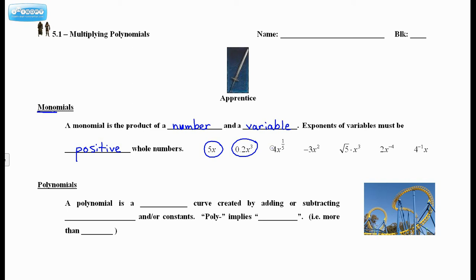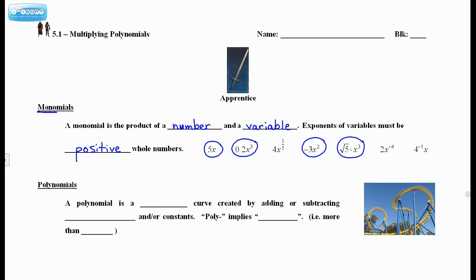Okay, this, however, is not a monomial, because if you look at the exponent attached to the variable, that is not a positive whole number. It's a positive fraction, so this is no good. This is a monomial, negative 3 times x squared. This is a monomial. Doesn't really matter what type of number this is out here. This here is not, because the exponent off the variable is negative, so that's no good.